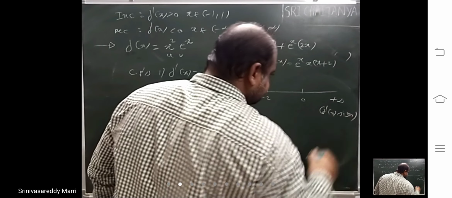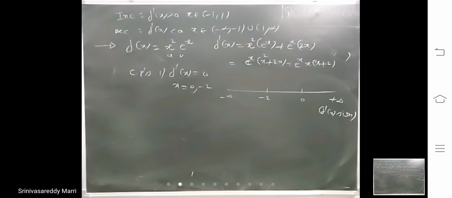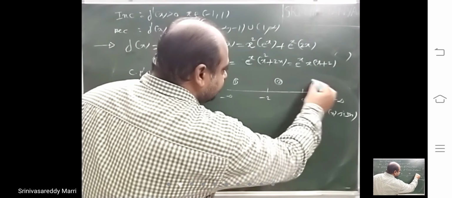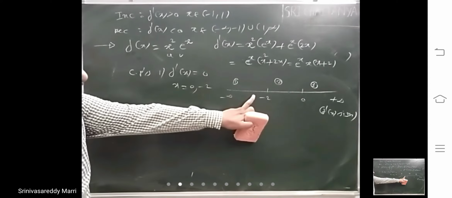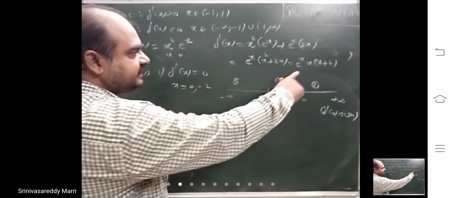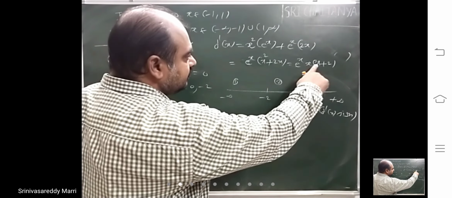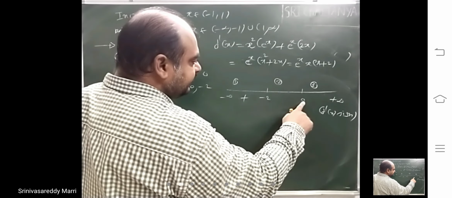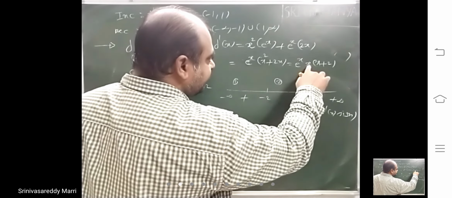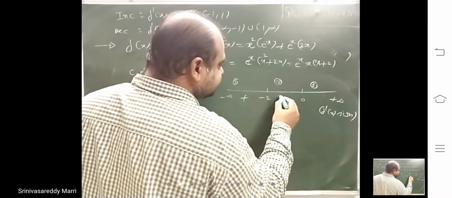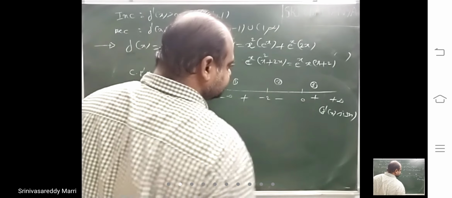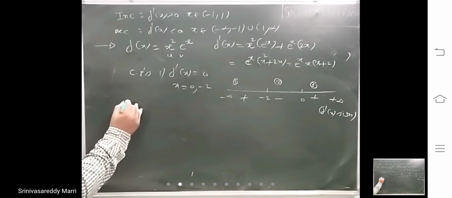This is the f dash x sign diagram. Look at the first, second and third intervals. In the first interval, substitute minus 3: minus 3 into minus 1 is positive. In the middle, substituting minus 1, you get negative. e power x is always positive. In the last interval, 0 to infinity, positive.